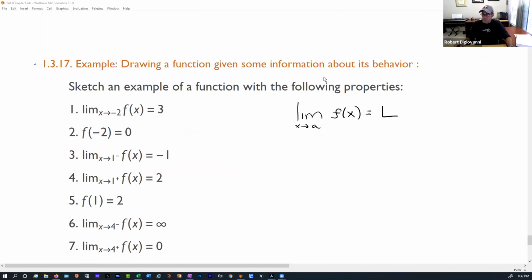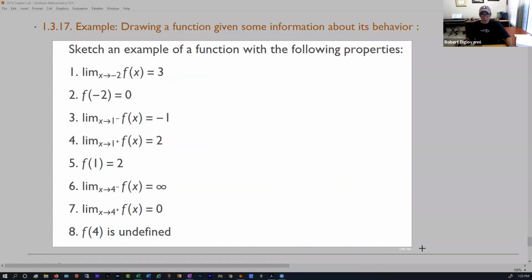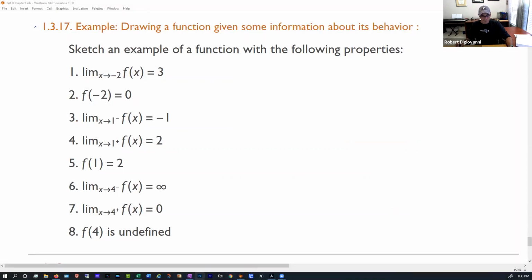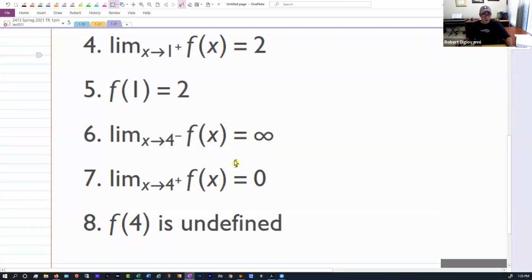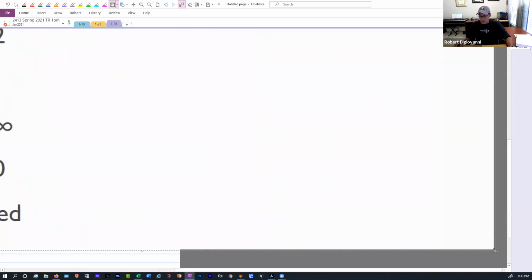Now we're going to do something a little different. Instead of me giving you a picture to look at, I'm going to give you a couple of conditions and ask you to draw a function that satisfies these conditions.